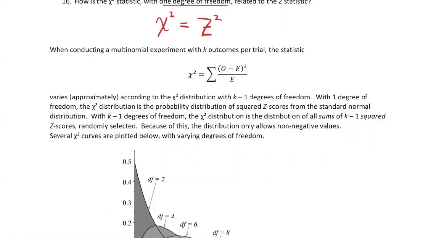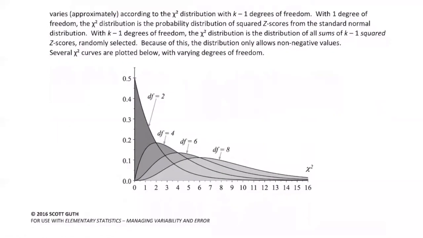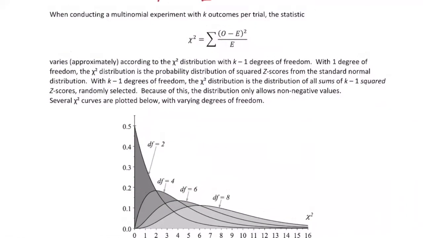So you're just randomly selecting some value, computing the z-score, squaring it, and thinking about where this value lands. You do all these squared z-scores, make a histogram of them, and the histogram looks like this. And it depends on the number of degrees of freedom.